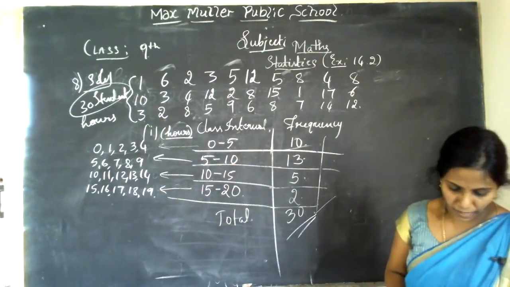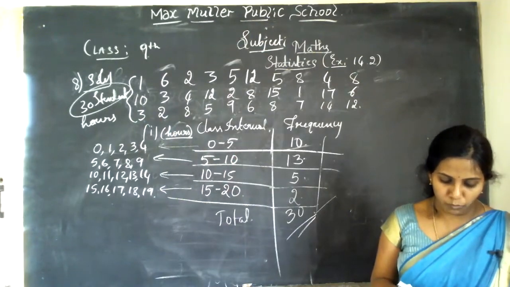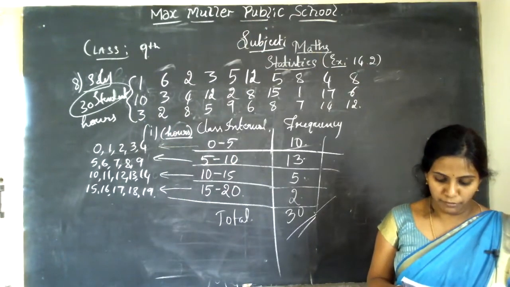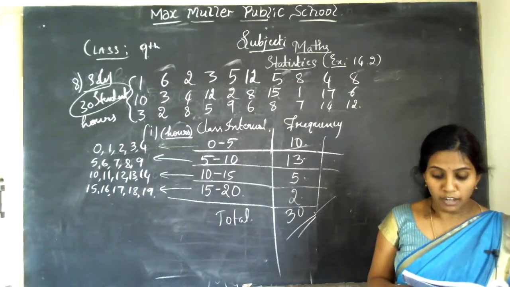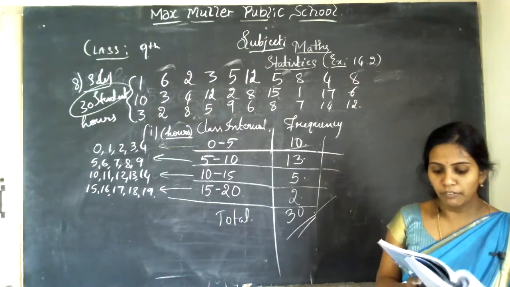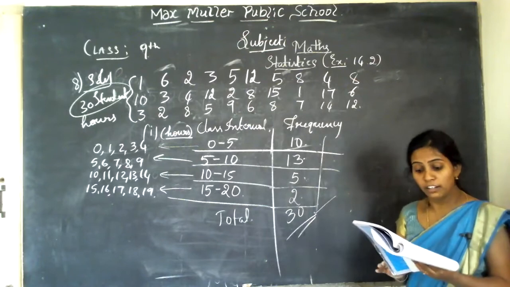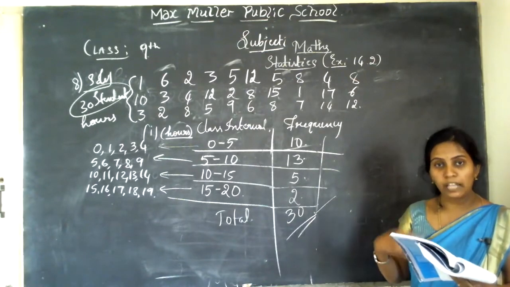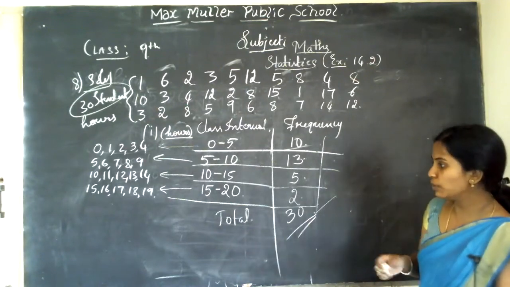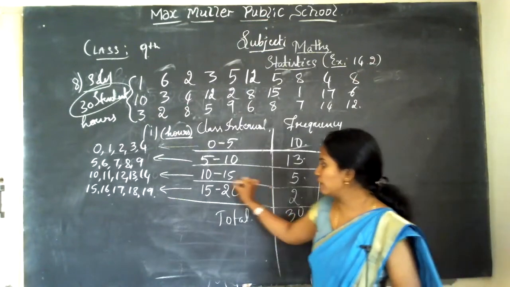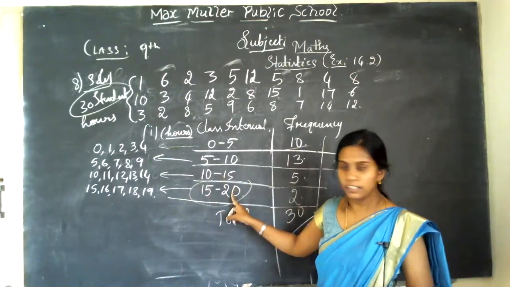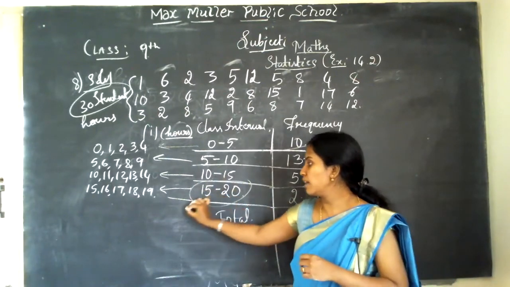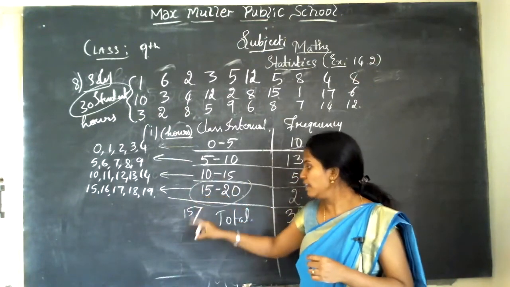They have asked how many children watched television for 15 or more hours a week. How many children watched television for 15 hours or more than 15 hours? To check that, observe this. It is in hours, isn't it? It is more than or equal to 15.